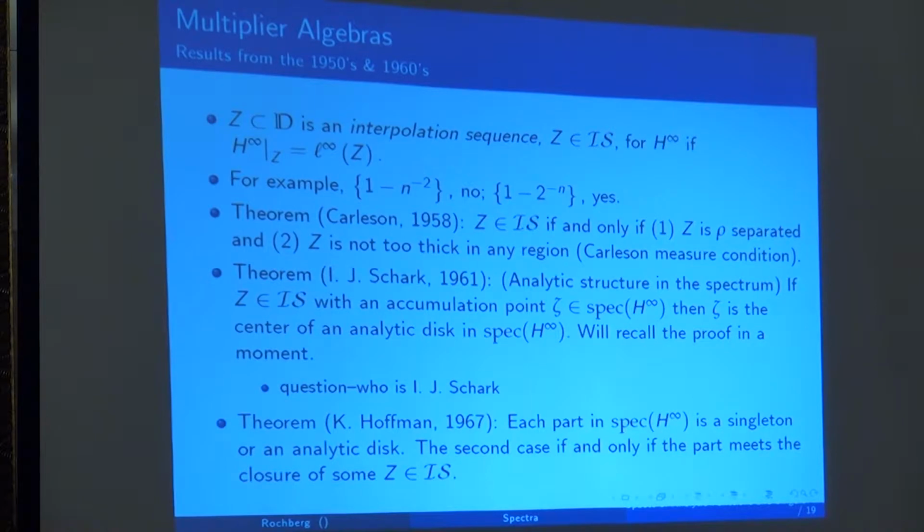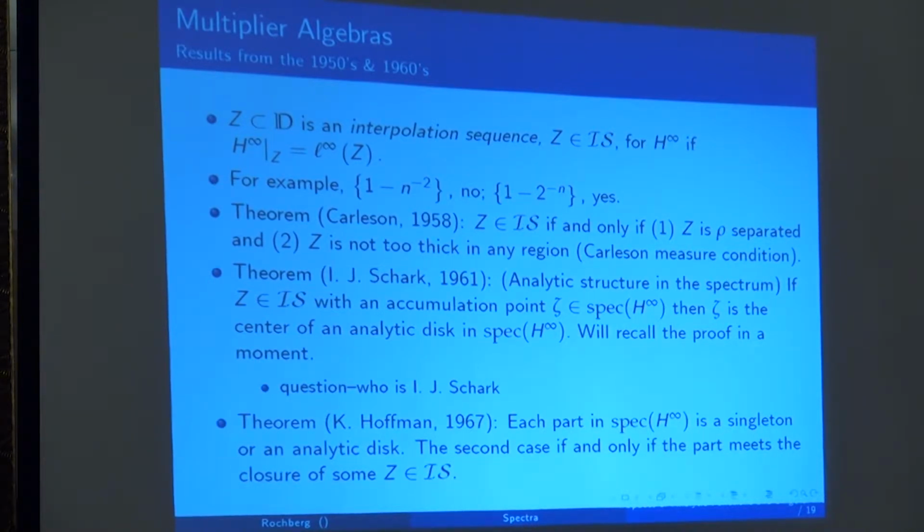A wonderful theorem that at least answers all the first order questions of this type is from 1967 by Ken Hoffman. It says that the Gleason parts in the spectrum of H infinity can be completely described. Some of them are singletons. The others are analytic disks, namely they are the one-to-one maps of the disk into the maximal ideal space such that every function in H infinity is analytic in that image.